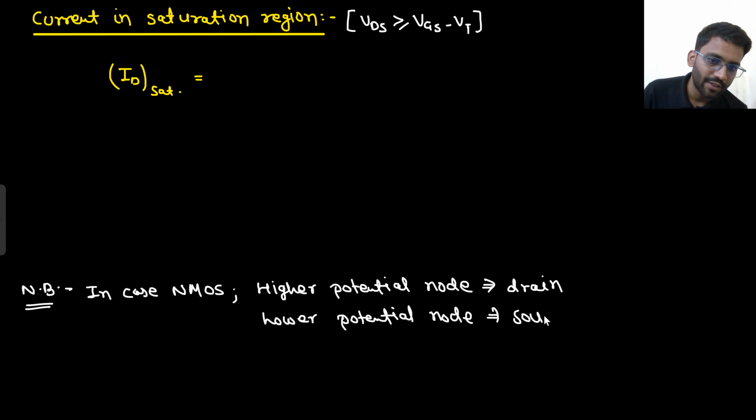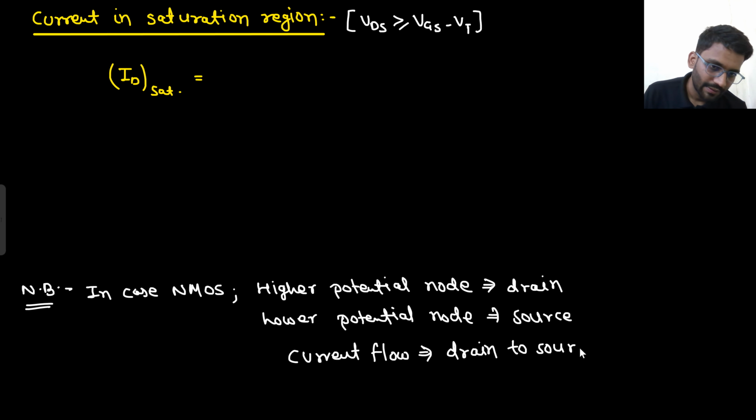And what is the direction of current flow? The electrons were going from source to drain. That means the direction of current flow is from drain to source. That means from higher potential node to lower potential node.